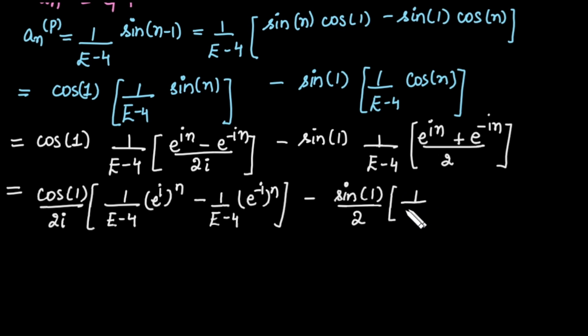Distribute this operator over both the terms. So we can write this as power n form. Even in this case we can write in the power n form.